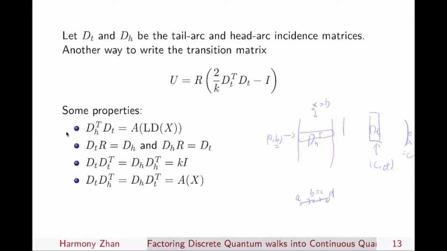So with the first two properties, I can simplify the right-hand side. It's actually 2 over k times R times D_T transpose, which becomes D_H transpose D_T minus R, or 2 over k by the first property, A of the line digraph minus R. But that's exactly the definition we started with.